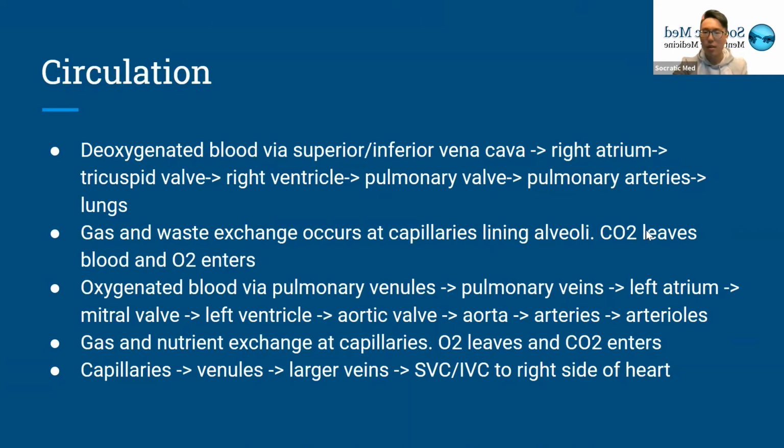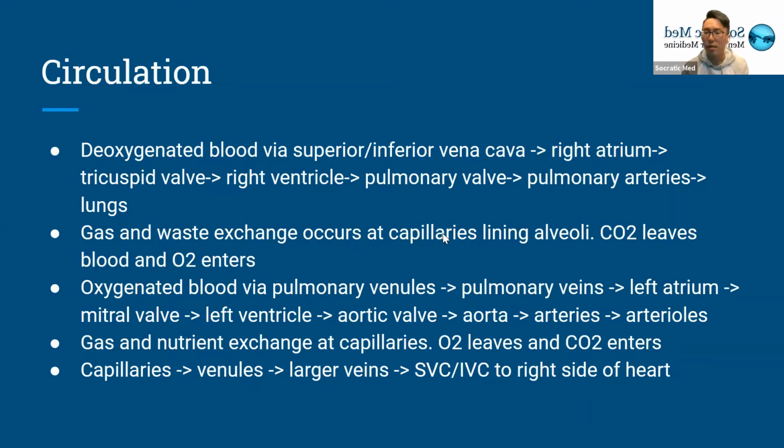So the CO2 that the blood picked up from the rest of your body will exit your body through the lungs, and the oxygen that you breathe in will go from the lungs into the blood. There's a concentration gradient where the blood is pretty high in carbon dioxide when it travels from the heart to the lungs, and the lungs have a higher concentration of oxygen than the blood. So it'll exchange the carbon dioxide and the oxygen.